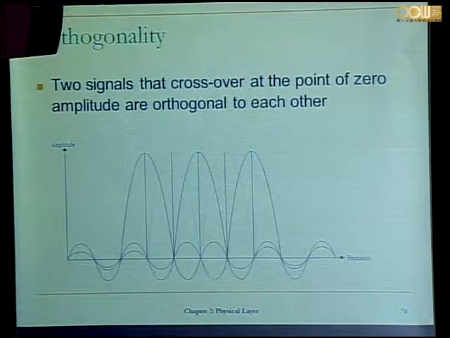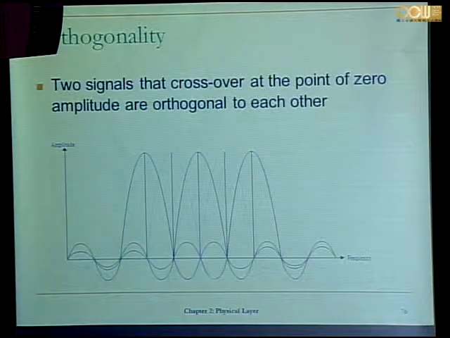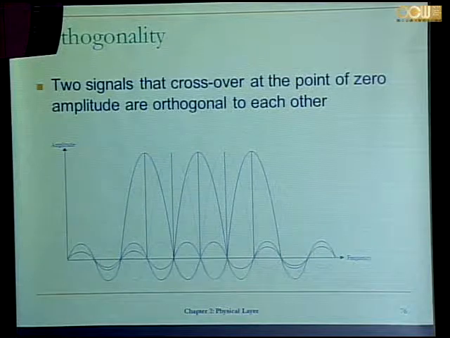The crossover point. Two signals are orthogonal to each other if their crossover point is at the amplitude of 0.